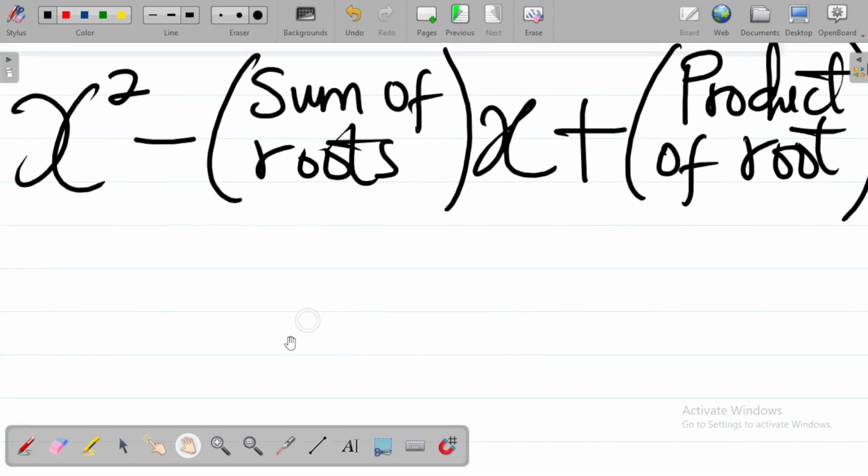So x squared minus sum of roots multiplied by x plus product of roots is equal to 0. So then let's substitute into this equation.